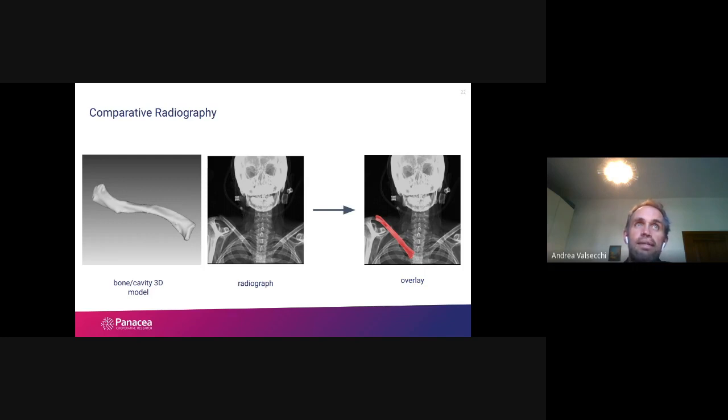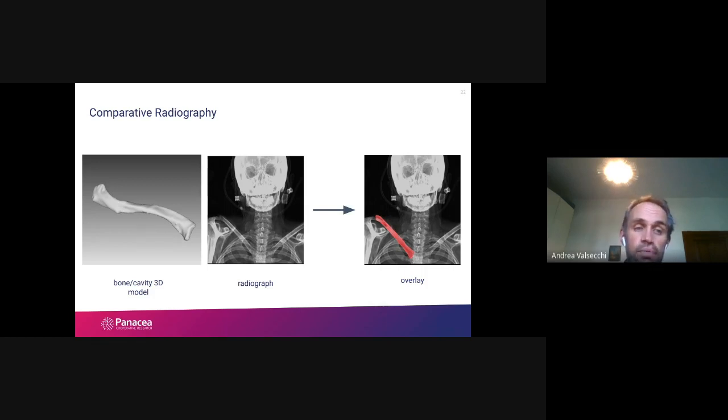They are not technically a bone. They are a cavity inside the bone, but their shape can be used to identify somebody. That's why I'm mentioning cavity. But think of a bone. Then we add a radiograph, and what we want to get is an overlay, right? Overlaying the 3D model on top of the radiograph.